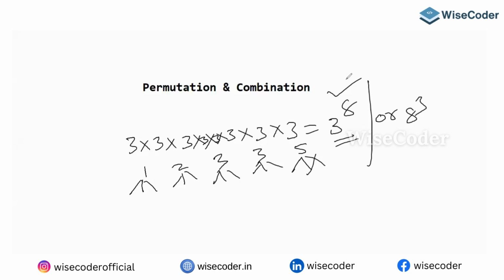So the suggestion is to speak out these sentences in your mind before committing to an answer: first chocolate in 3 ways, second in 3 ways, hence 3 into 3 into 3. So the above reasoning is from the perspective of what happens to each chocolate.